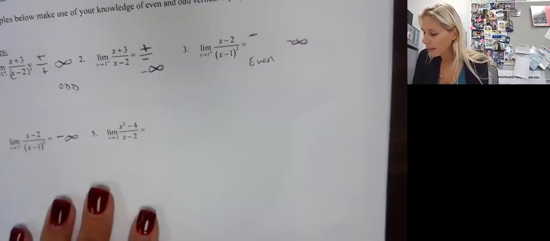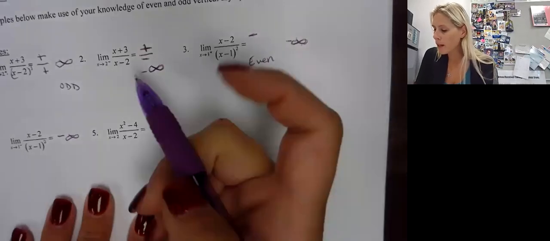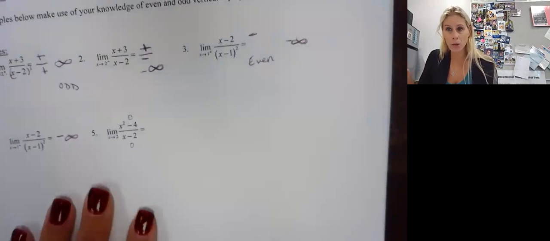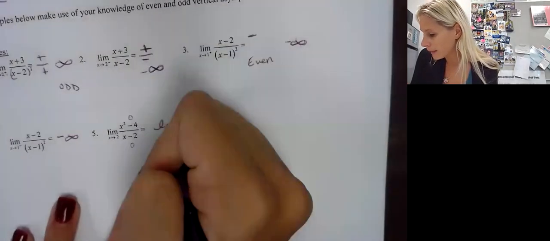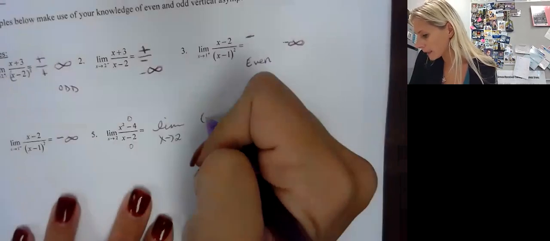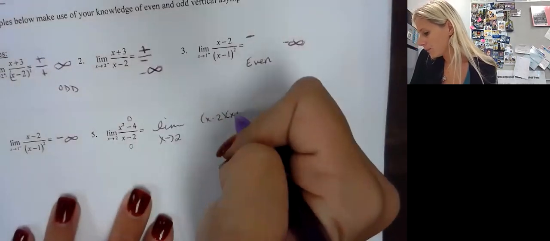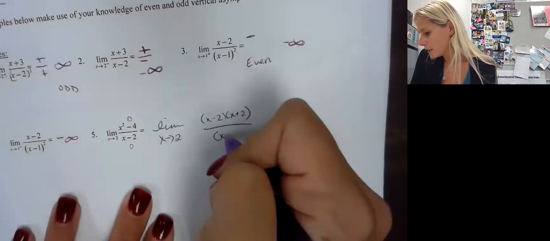All right, number 5, well, first, always with limits, right? We plug in. If we plug in, I get 0 over 0. So what does that tell us to do? Think of 1.2. What we do is we write down our limit, x approaches 2. Let's factor the top. We get x minus 2 times x plus 2 all over x minus 2.